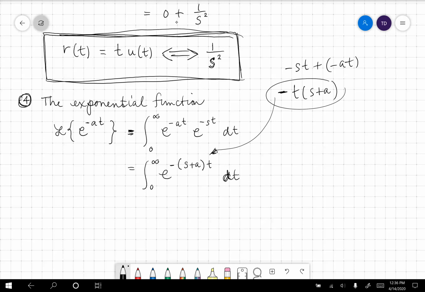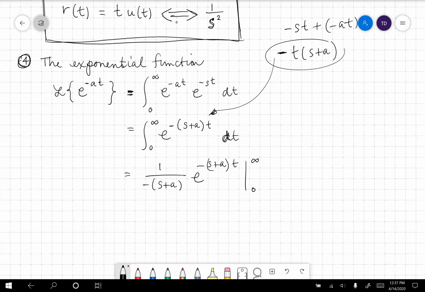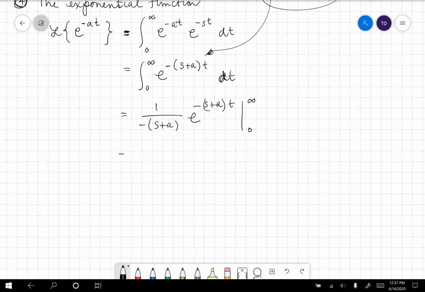That's still easy to integrate. That's equal to 1 over minus (s plus a), e to the minus (s plus a) t, evaluated from 0 to infinity. Again, assuming this converges when t is equal to infinity.